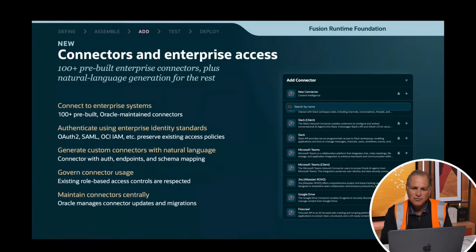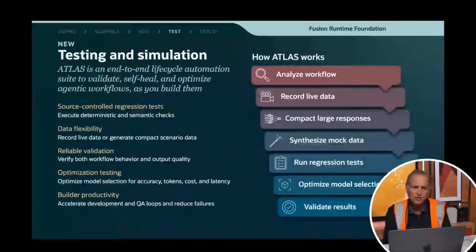So we're going to continue to deliver connectors, but 100% you can build all of these connectors via natural language and via the pro code environment right in VS Code using our CLI and AI Agent Studio skill.